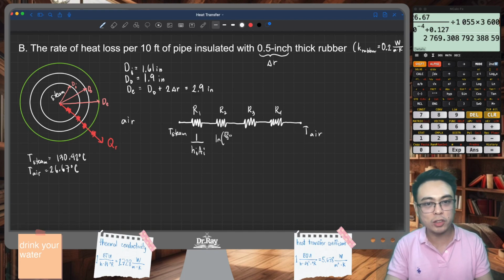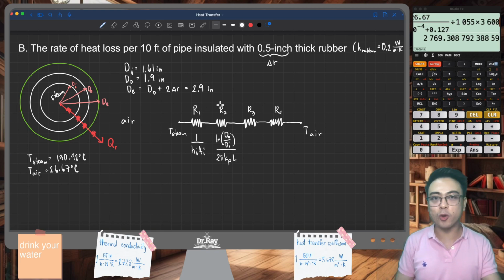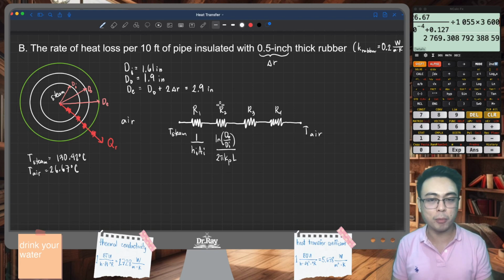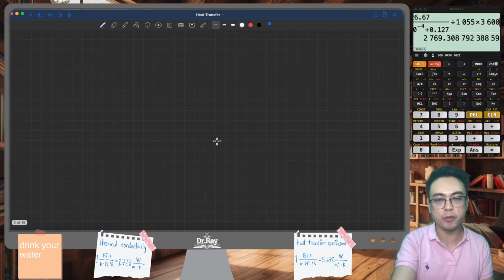It's the conductive resistance in the pipe itself: ln(Do over Di) over 2 pi k of the pipe times L. So R1 and R2 can just be carried over from the first item. We can carry over their values. They're exactly the same. Let me copy the values. So it's 3 and 5.4.